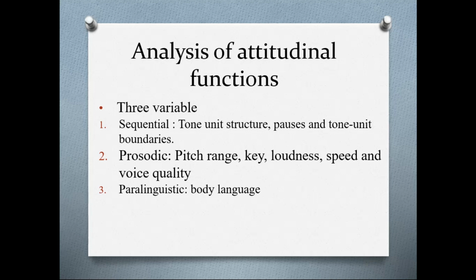We use different pitch range or key, loudness, speed and voice quality. Body language, gesture, posture, facial expression, they are also used as paralinguistic features. So using these features, we can use intonation to express our emotions or feelings or attitude.